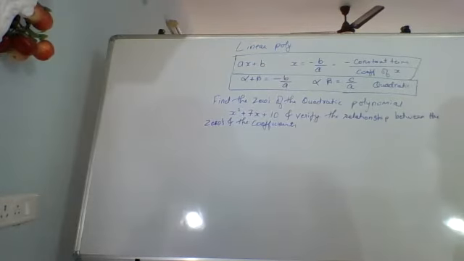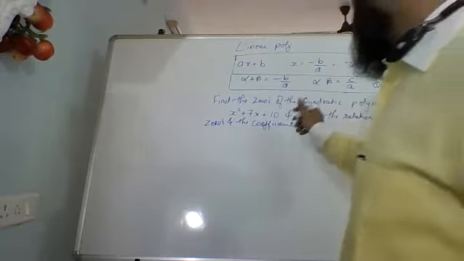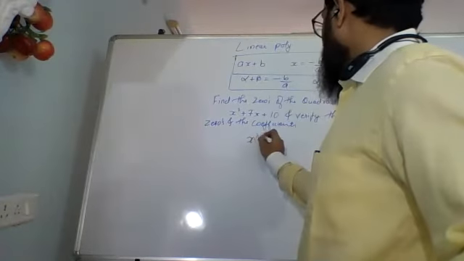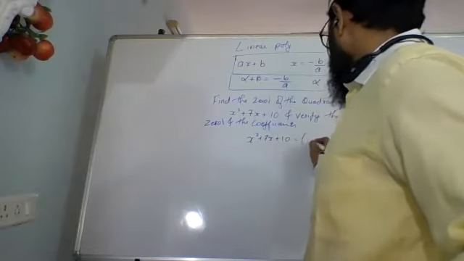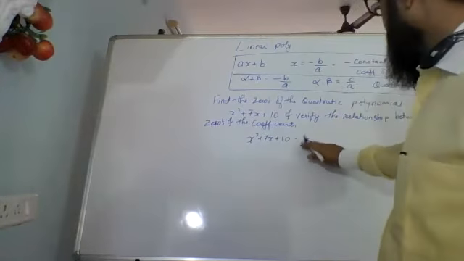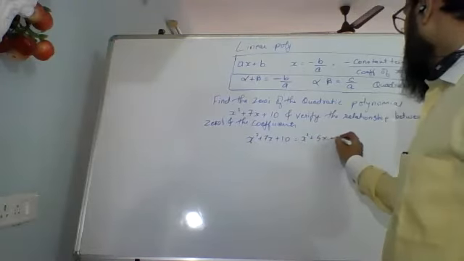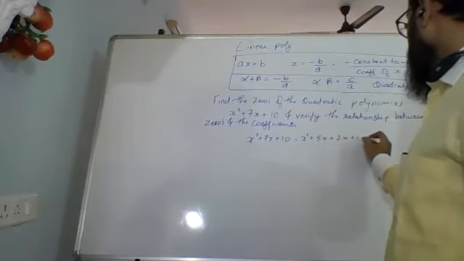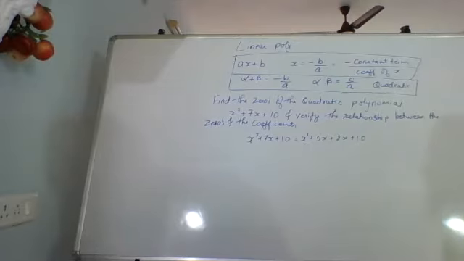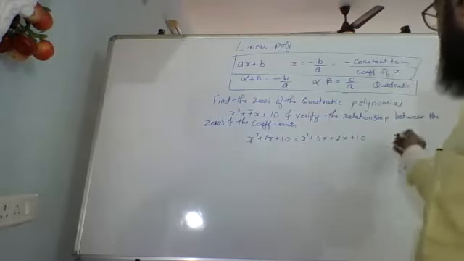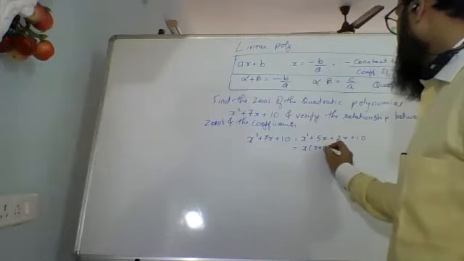So how are we going to go about it? First of all, we have to factorize this. So x square plus 7x plus 10 is nothing but x square plus 5x plus 2x plus 10, which I further simplify to x into bracket x plus 5.